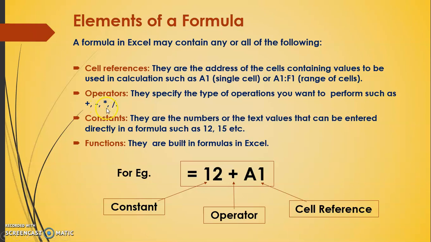Plus, minus, multiply, divide. All these are mathematical operators by which you want to perform some calculation in a formula. Constants. Students, a constant means the item or value which is fixed, that is not changing throughout your calculation. And functions, some inbuilt functions are there in Excel. We will see later on what functions are.